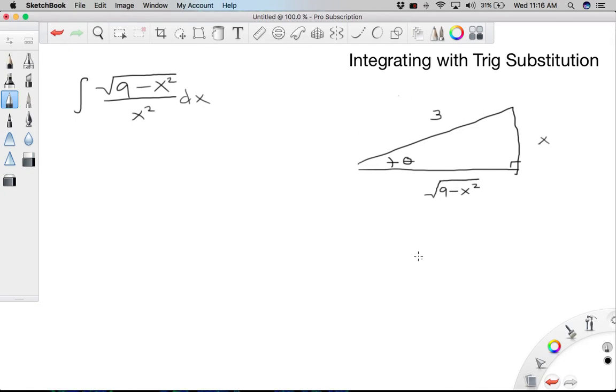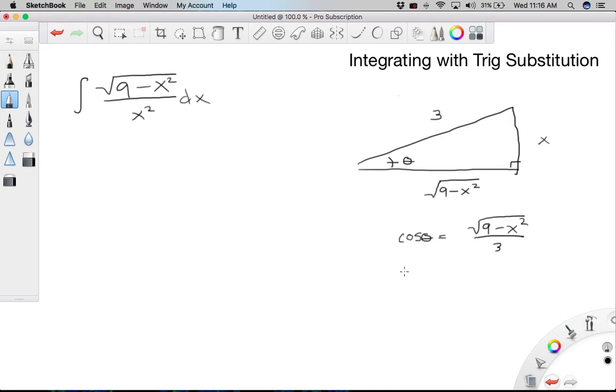Okay, once we have done that, I'm going to write out, well, it looks like the cosine of theta might actually be a useful quantity for us, because the cosine of theta is going to be square root 9 minus x squared divided by 3. Right? Adjacent divided by hypotenuse. I'm just using SOHCAHTOA here.